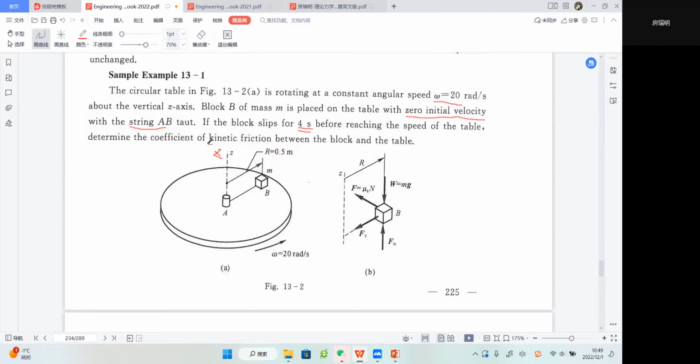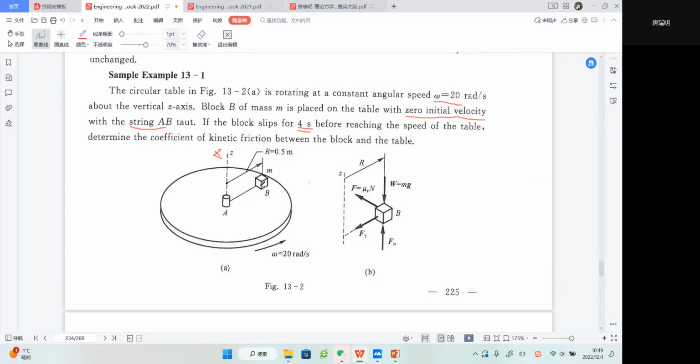So after all this is known, it lets us determine the coefficient of kinetic friction between the block and the table. So what does that mean? Because from when we place this block with 0 initial velocity on the surface of this table, it will change its position until it moves to here.